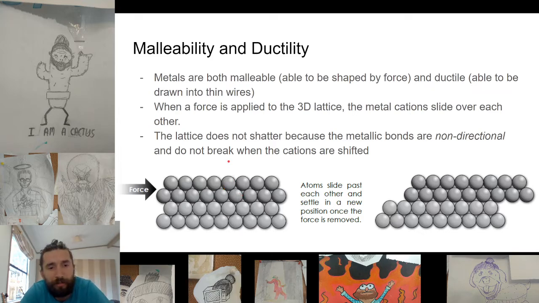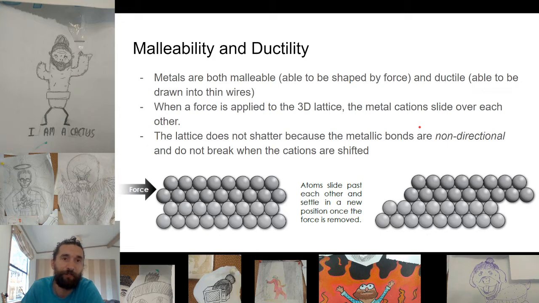Now the important thing to say why it doesn't shatter is because the lattice does not shatter because the metallic bonds are non-directional and do not break when their cations are shifted. So these bonds are non-directional bonds.